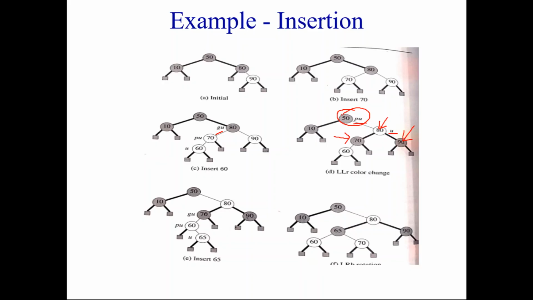But suppose there is another node on top of this. In that case this can be a red node, and then again you have to apply the cases. This is u, this is pu, this is gu. Then again you have to check what the parent sibling is and what its color is, and continue.